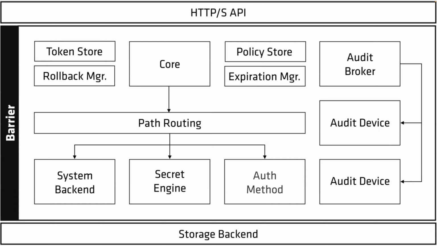When we say token store, there is an authentication mechanism placed in this whole barrier, where we store the token for the authentication. We also write policies for each and every secret, which we call security policies, stored in the policy stores.